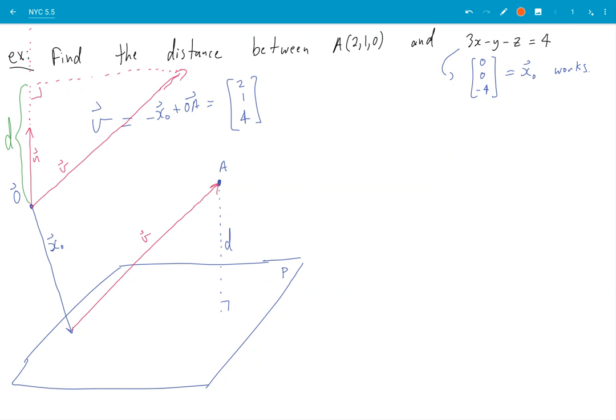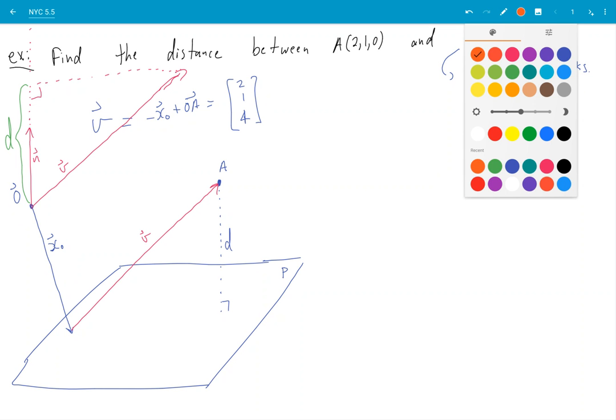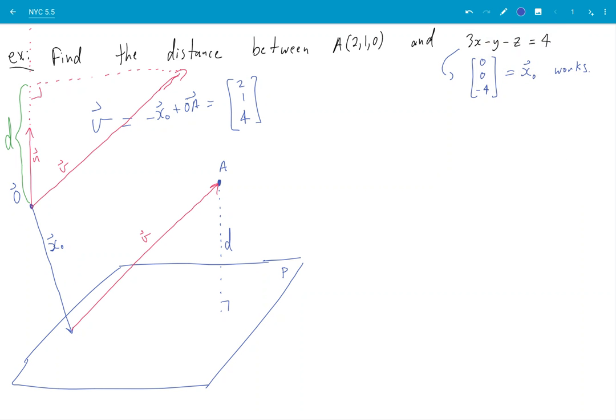Well, that is a projection. It is the projection of v onto the normal vector n. So that gives me the vector, but I want the length of it. And that'll be the d that I'm looking for.